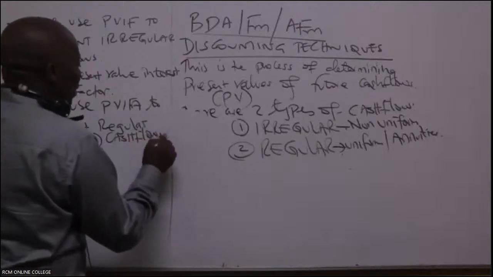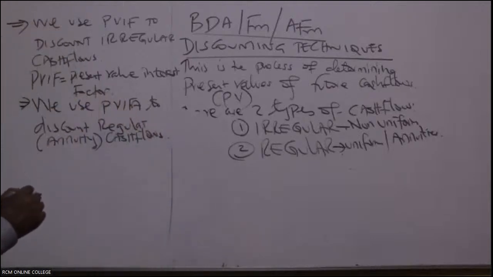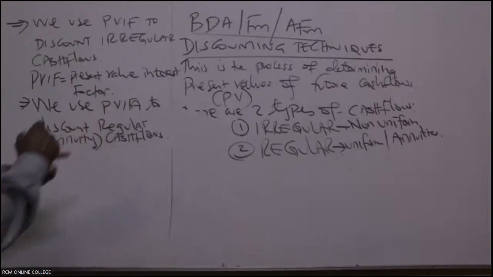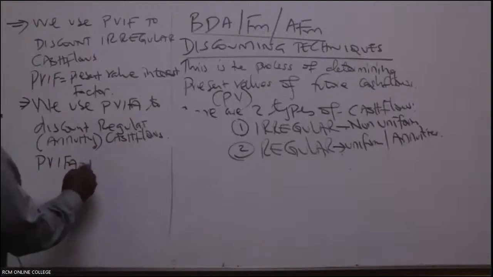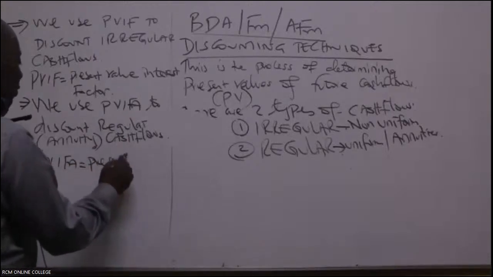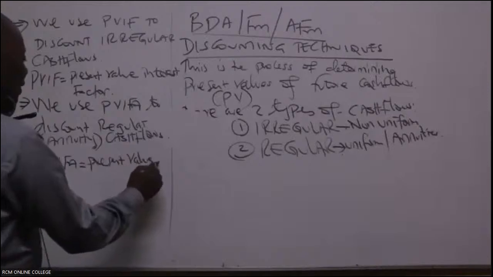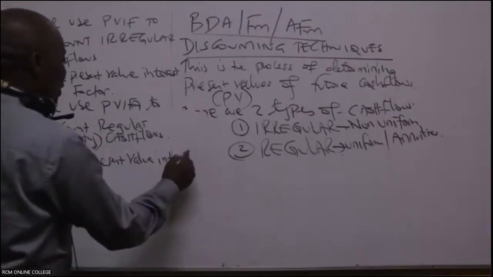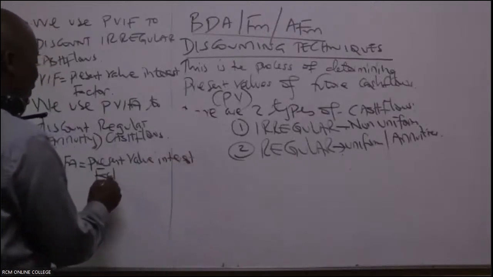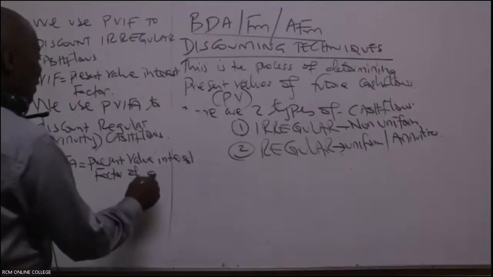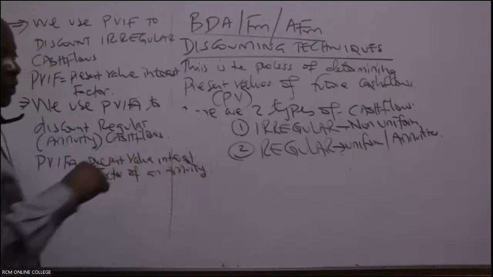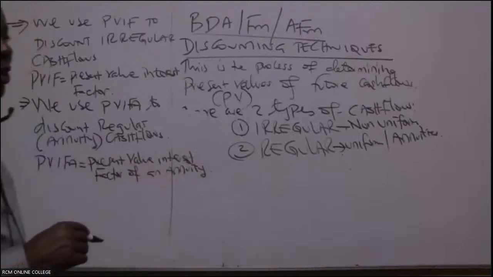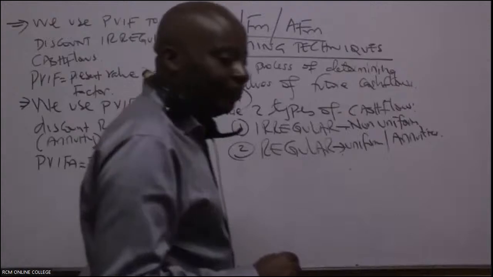To discount regular or annuity cash flows, we normally make use of what, ladies and gentlemen? PVIF. So what does PVIF stand for in full? This PVIF stands for present value interest factor of an annuity.